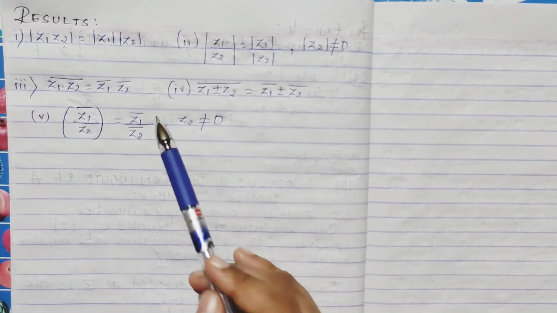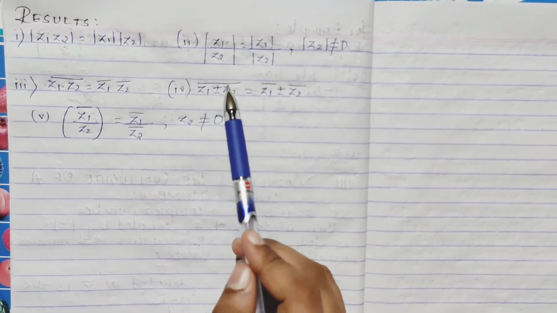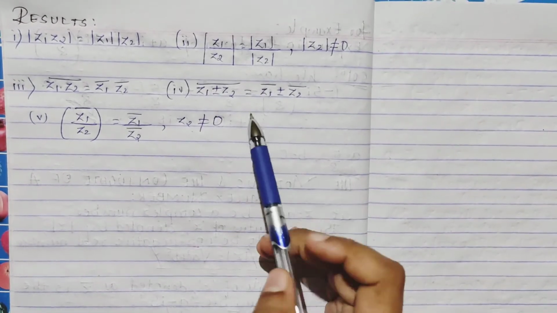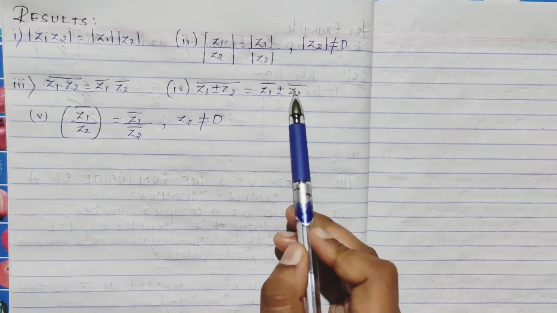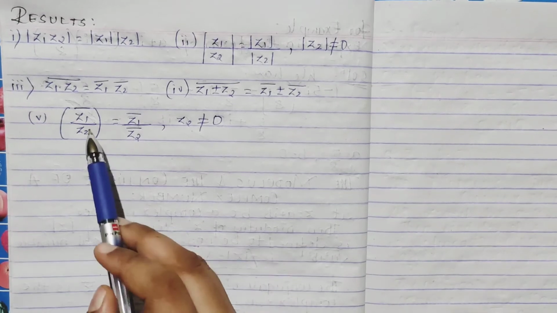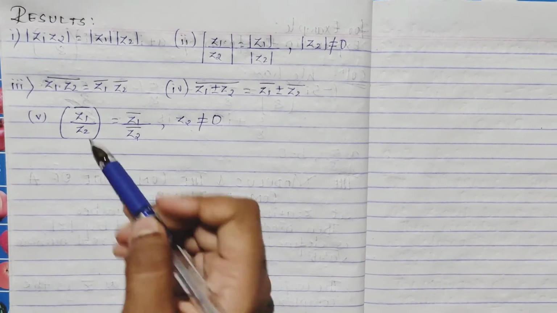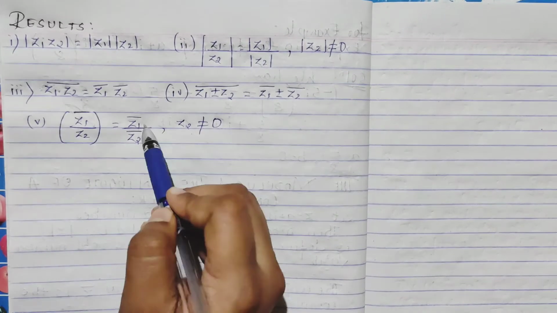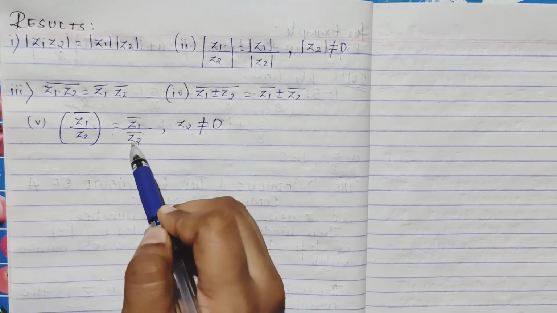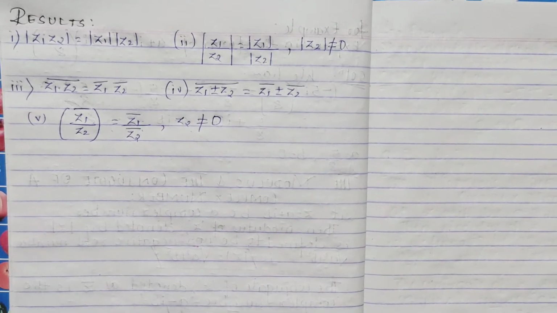You can split it like this. And for addition and subtraction, z1 plus or minus z2 whole conjugate will be z1 conjugate plus or minus z2 conjugate, if addition then plus, if subtraction then minus. Even in the quotient form of conjugate, z1 by z2 whole conjugate becomes z1 conjugate divided by z2 conjugate, provided z2 should not be equal to 0.